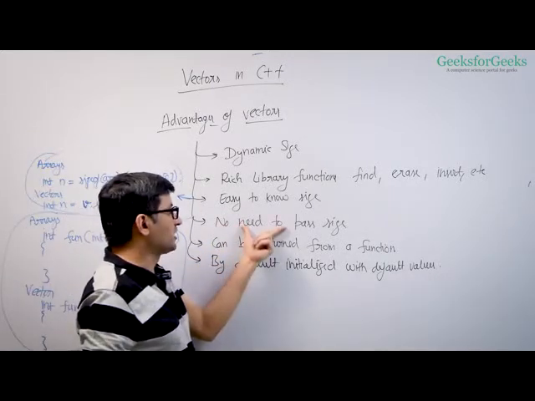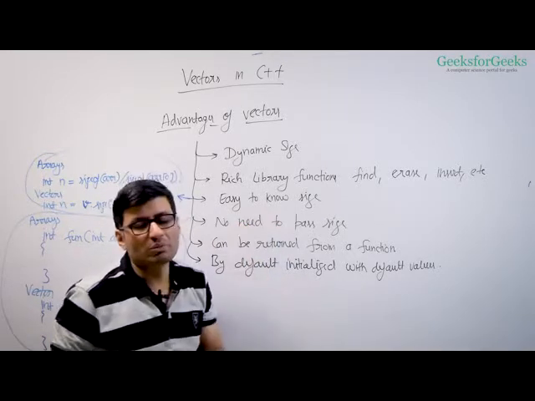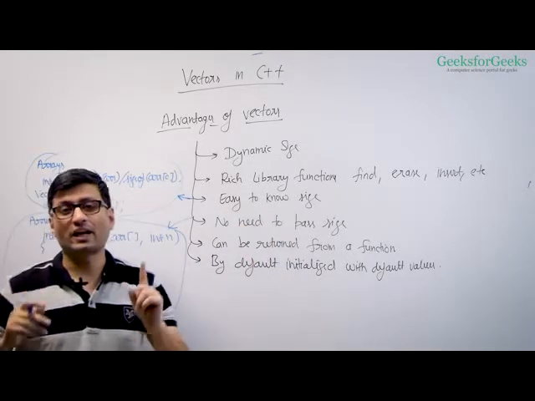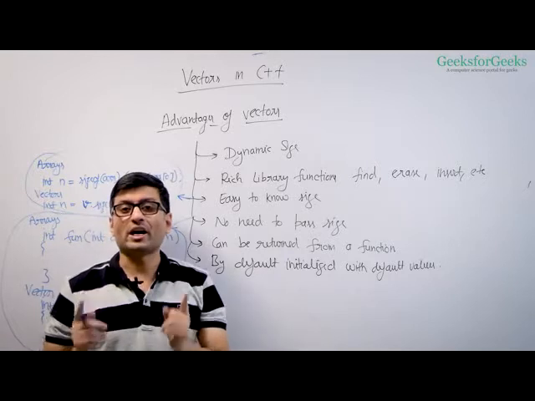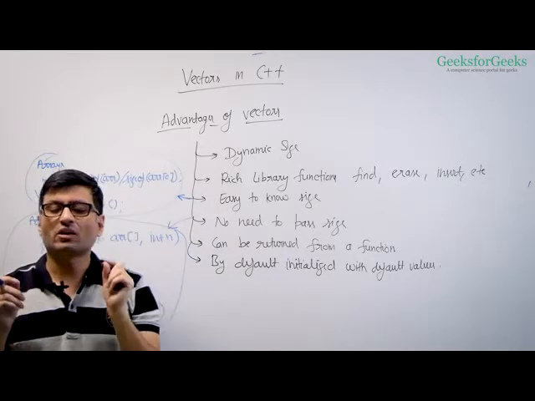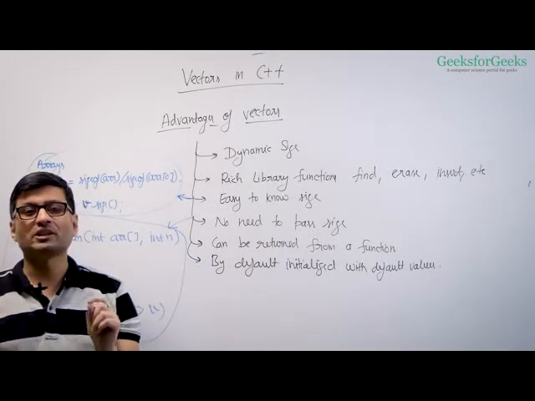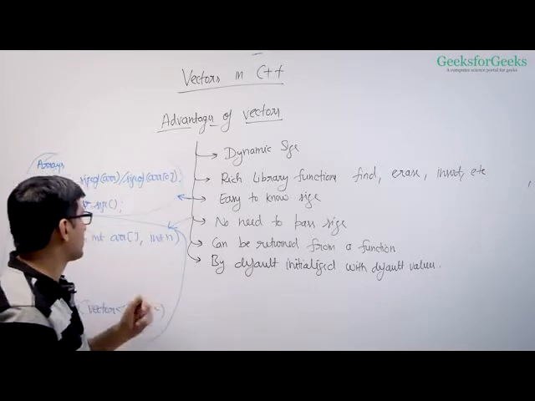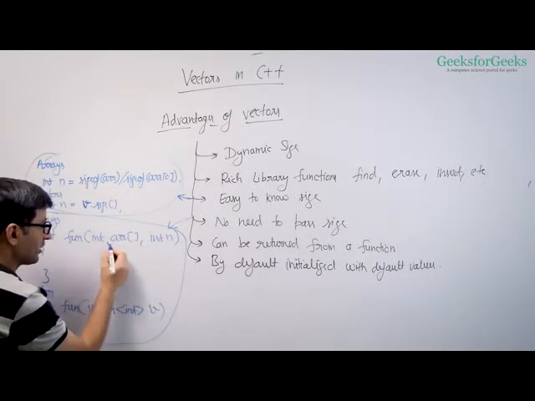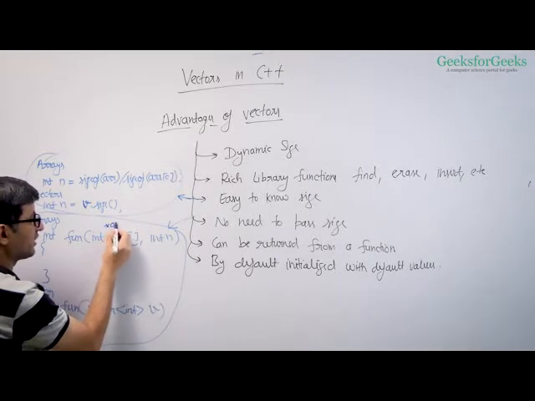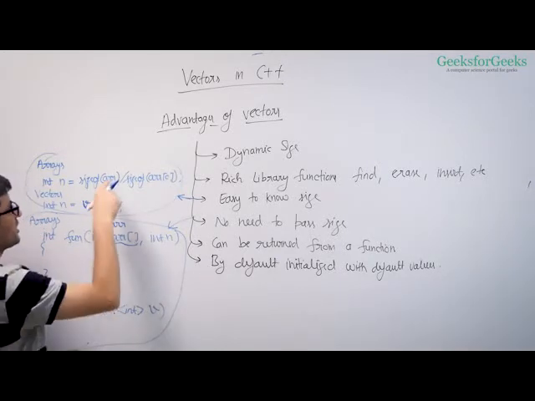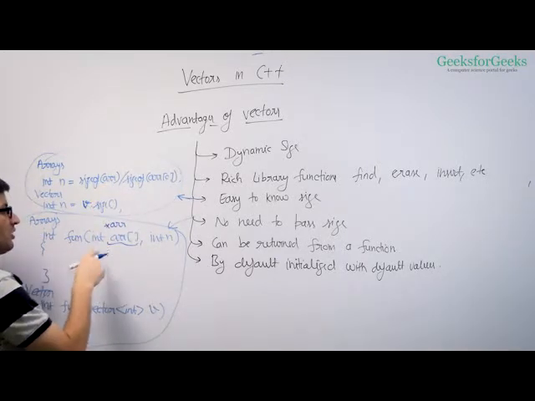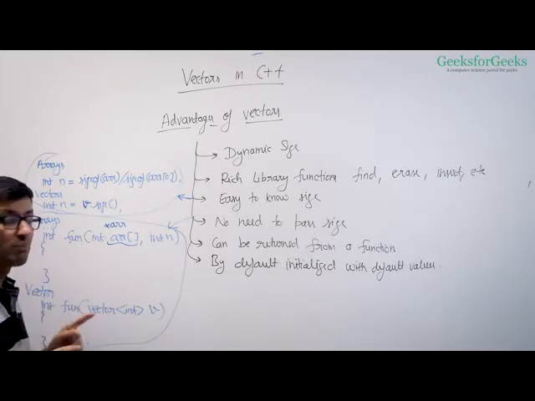The next advantage is no need to pass the size when you pass it to functions. When you pass arrays to functions, arrays are always received by functions as pointers. Even if you write square brackets, this is just a pointer. This is the same as writing *arr. So if you do sizeof inside this function, you will get the size of a pointer.